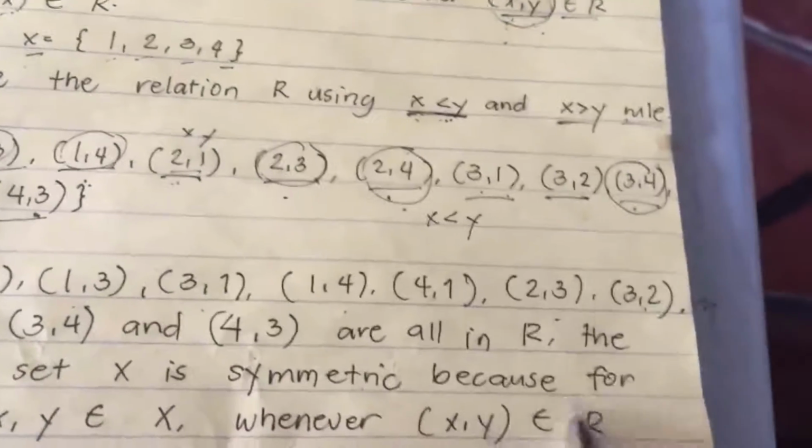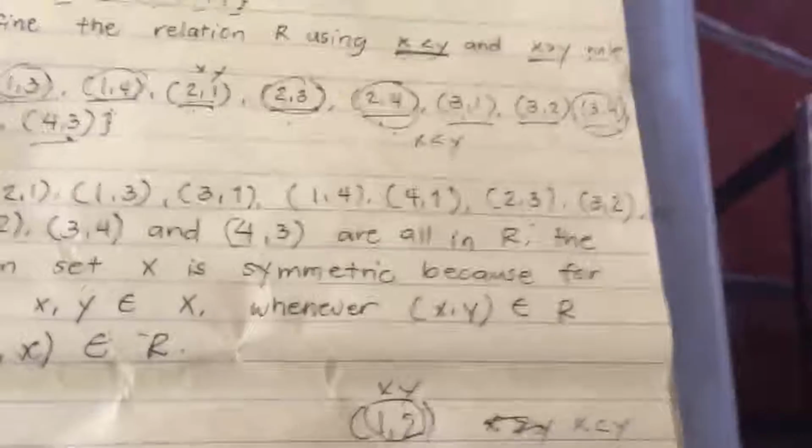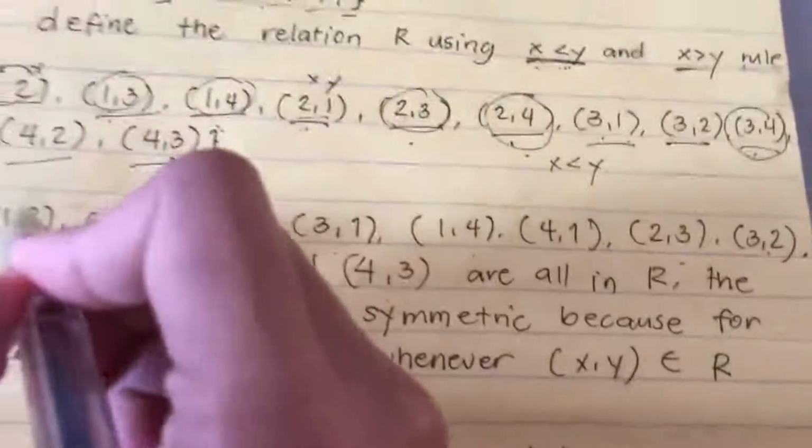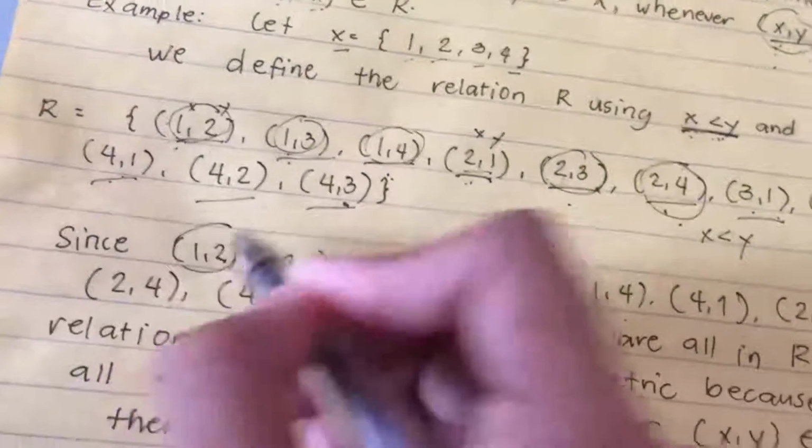So they both exist in the relation R, which is 1 and 2 and 2 and 1.